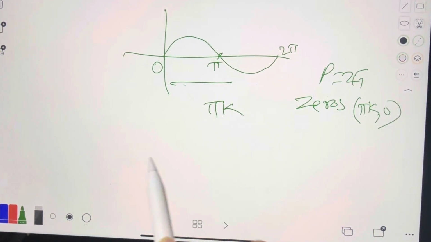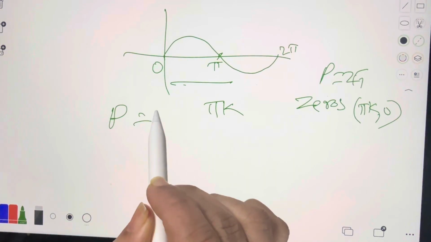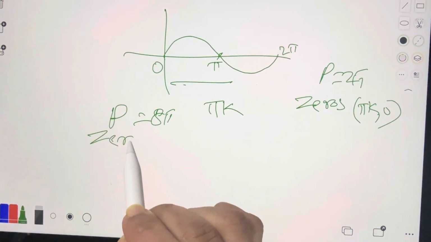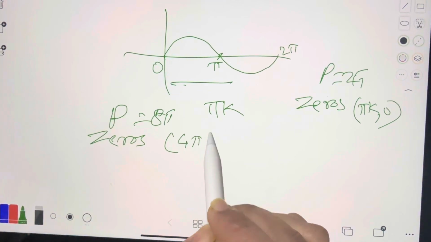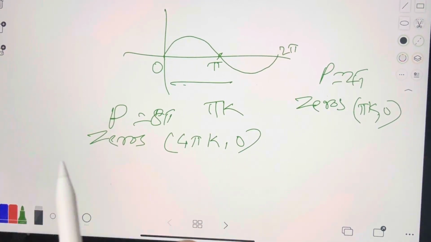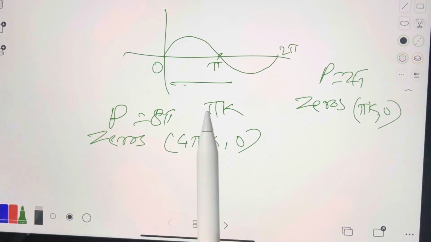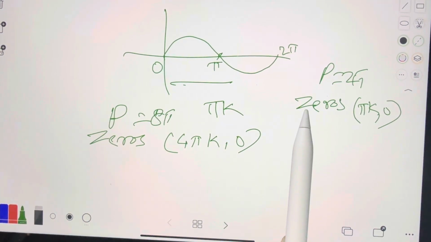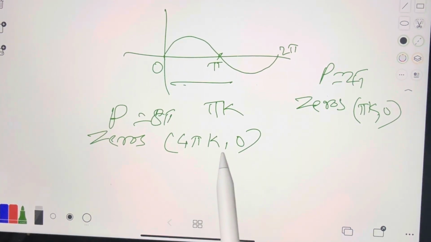So suppose I say the period is 8 pi, for the sine graph I'm talking about, then the zeros will be 4 pi k, comma 0. You're getting it? So for sine graph and cosine graph, whatever period you find in the transformed graph, the zeros will be half of it.